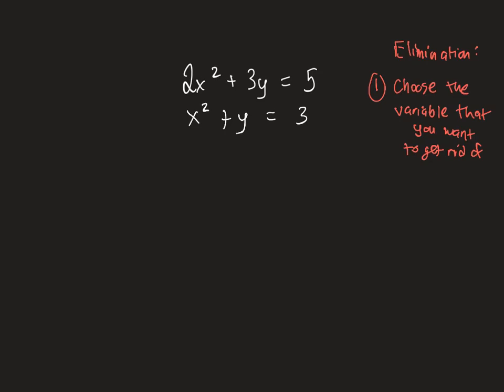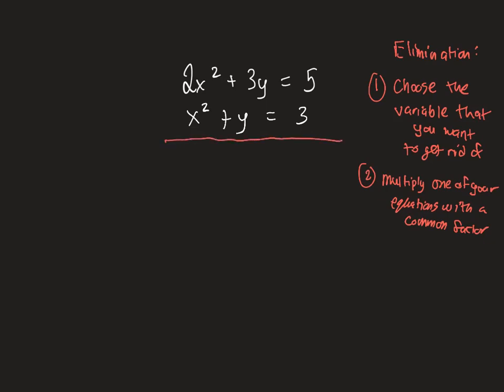And once you do that, you need to multiply your equations with a common factor. That's mainly because in elimination, you are looking at this like you would look at any kind of equation when you're trying to add or subtract them.